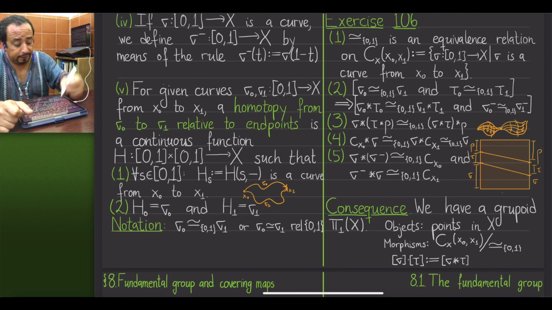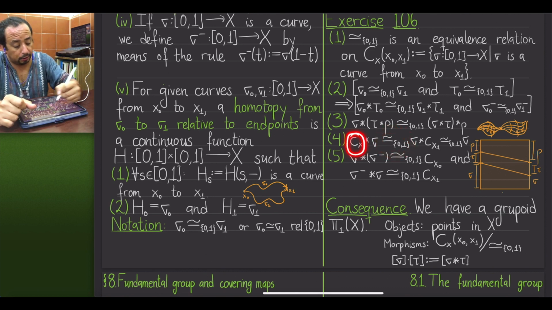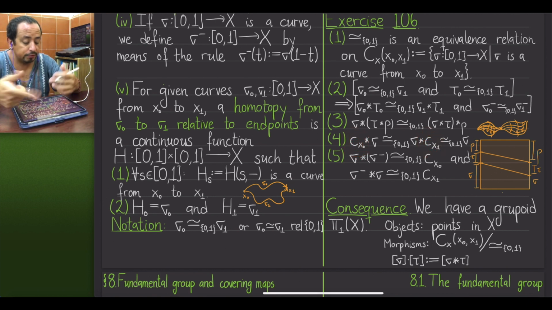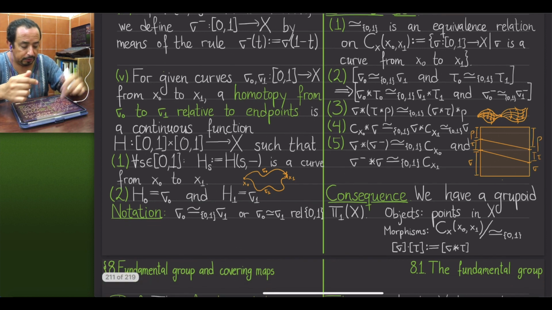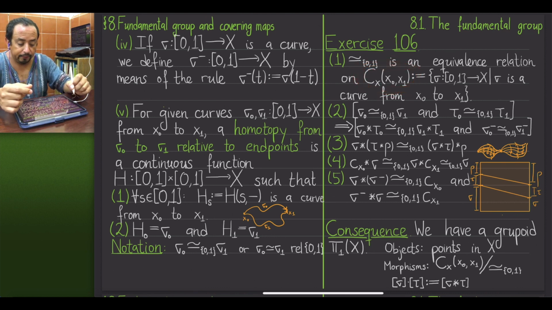So this means that up to homotopy relative to endpoints, the constant curves function as identities for this operation. And when I say identities, I mean identities in some category, having the points of x as objects, and the curves between them as morphisms.